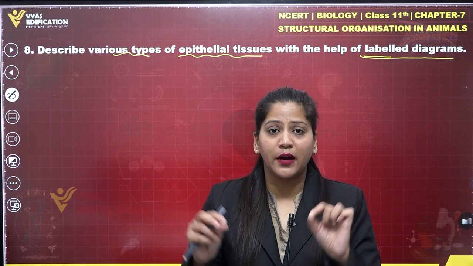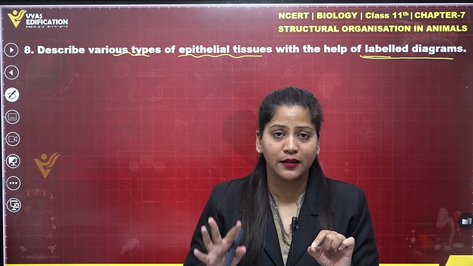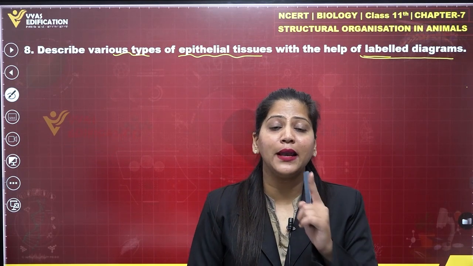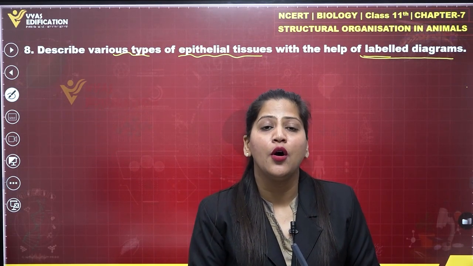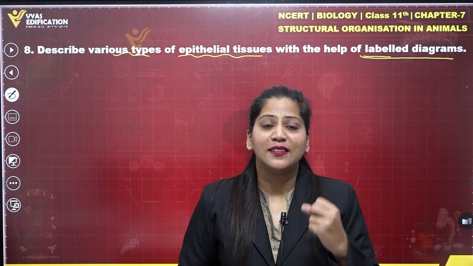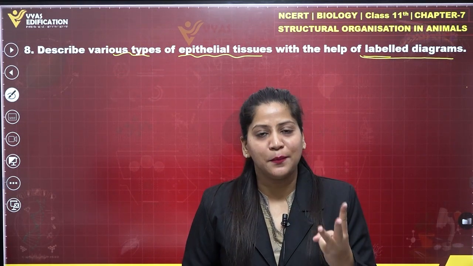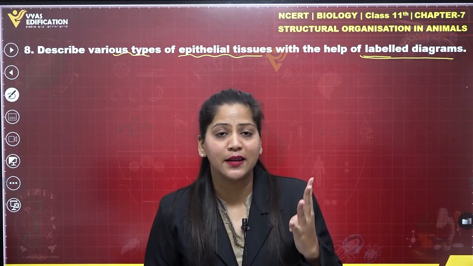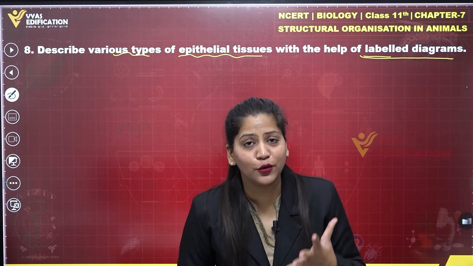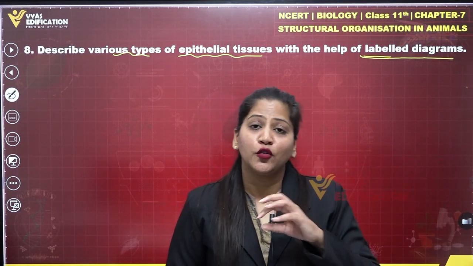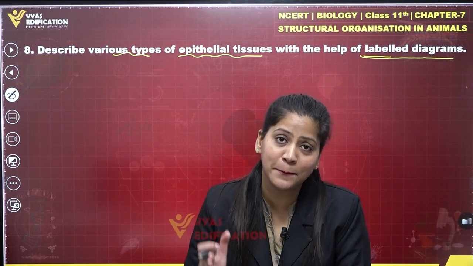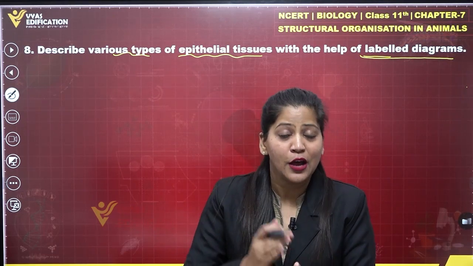This is further divided into 5 categories: simple squamous epithelium, simple cuboidal epithelium, simple columnar epithelium, then ciliated epithelium, and the 5th one is glandular epithelium. All these 5 epitheliums are the various types of simple epithelium, right.